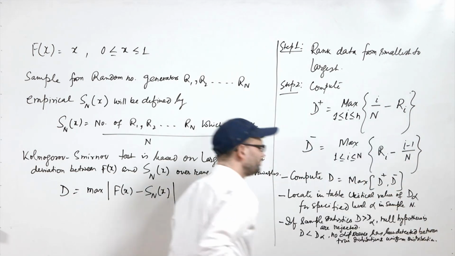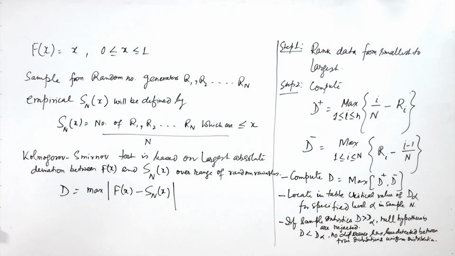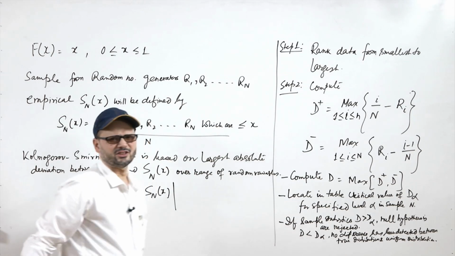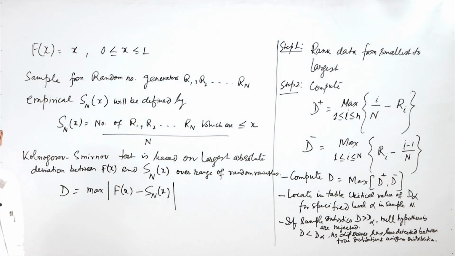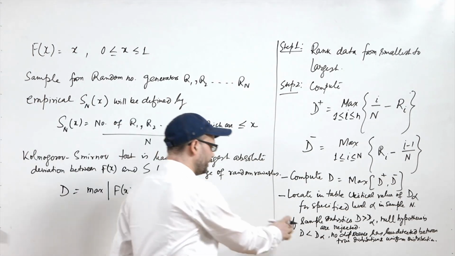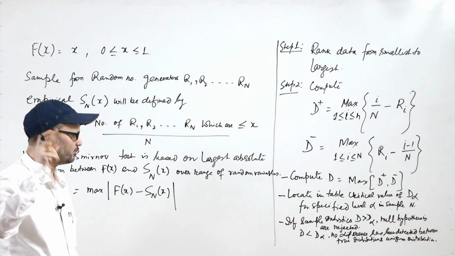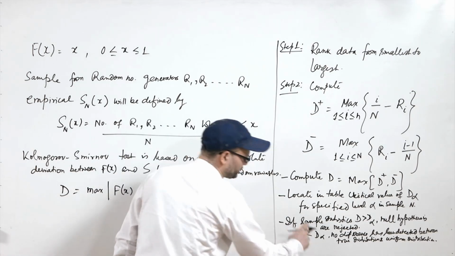So, what it tells is that you are getting this d, which is nothing but the maximum of d plus and d minus, and that has to be less than this d alpha, which you get from the uniform distribution table.